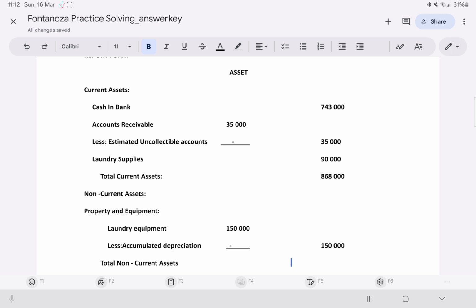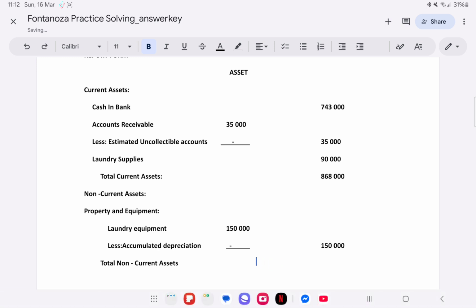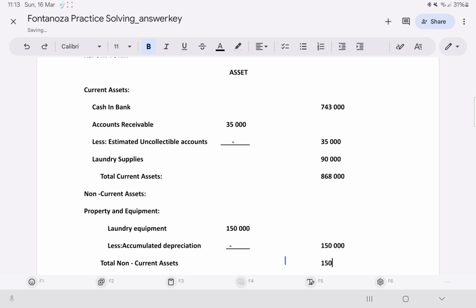Since there's no accumulated depreciation amount yet, we still copy the 150,000.